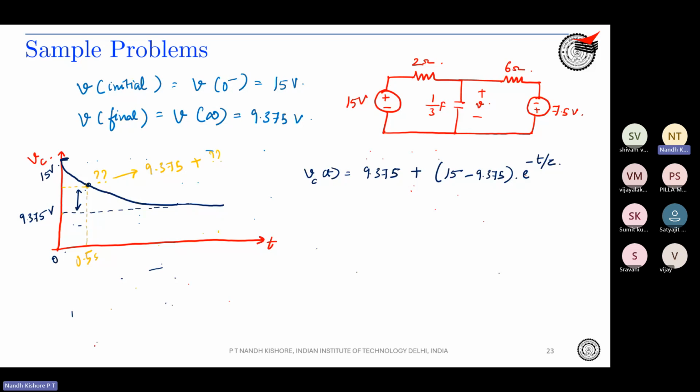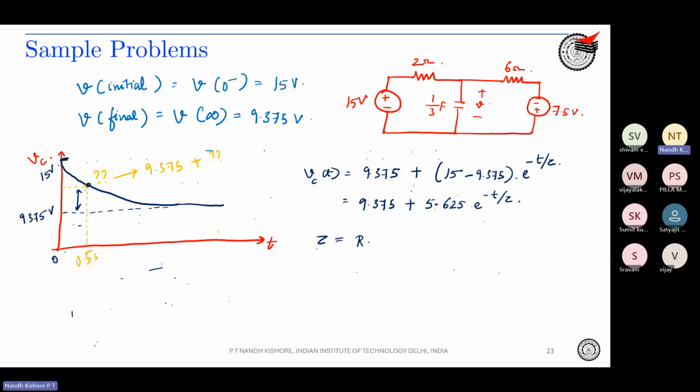So this is basically 9.375 plus 5.625 e power minus t by tau. Till this point, is it fine? Yes. Okay, great.